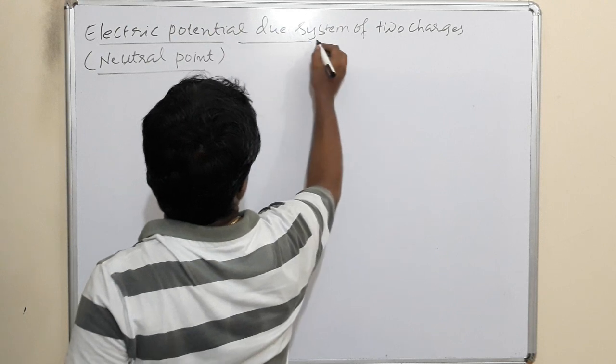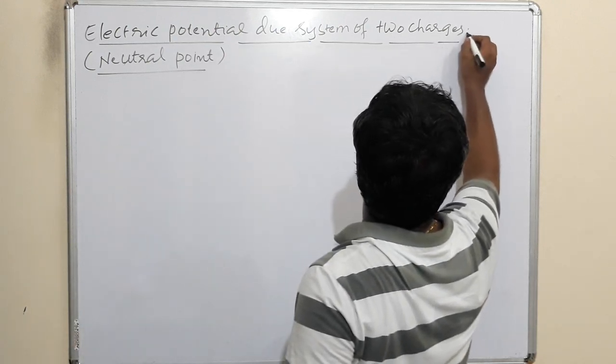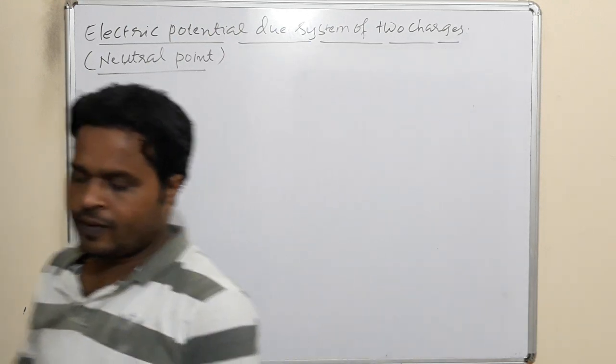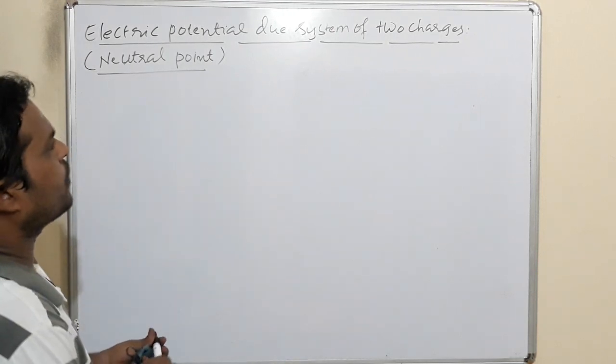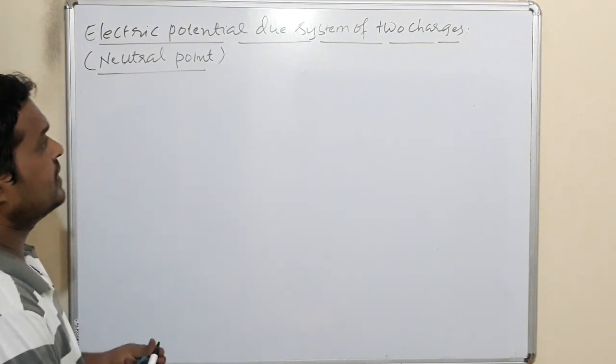The same calculation we are doing here also. For a system of two charges, we will calculate the electric potential. You can calculate it at any point.